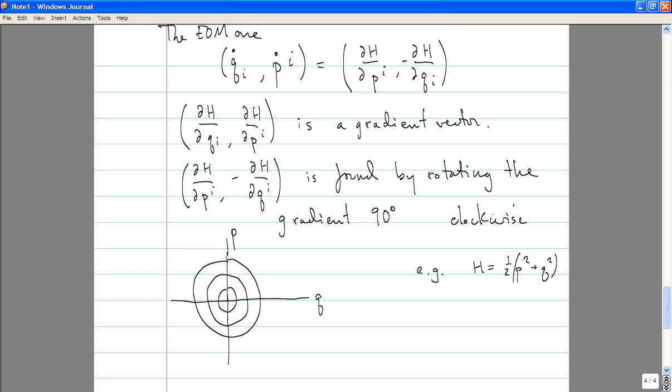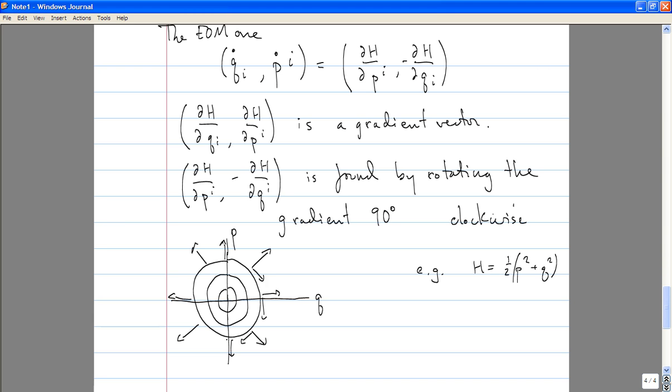The gradient of the Hamiltonian would be the vector which points radially. And the vector field that generates the flow, dh by dp, minus dh by dq, is found by rotating that 90 degrees clockwise. So that would point in this direction.